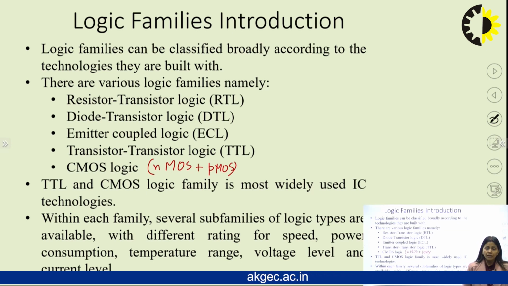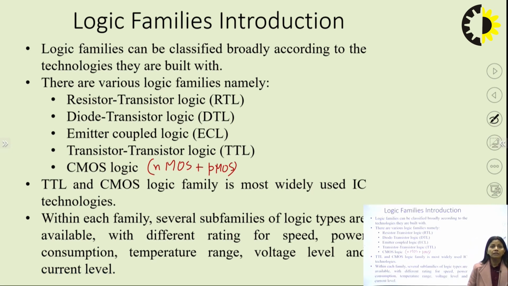They are assessed by various parameters, and these parameters are speed, power dissipation, dependency on temperature, and also the supply voltage level and current level. So these are a few parameters by which these families are assessed.